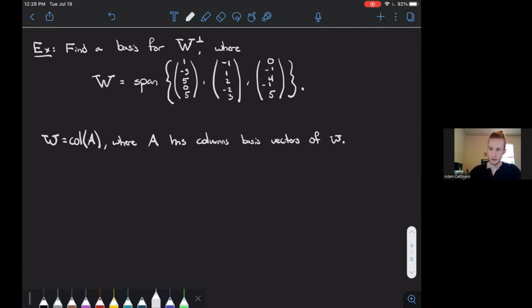But the point is, W is the column space of the matrix. We need to find its orthogonal complement. Well, W perp is just the null space of A transpose.